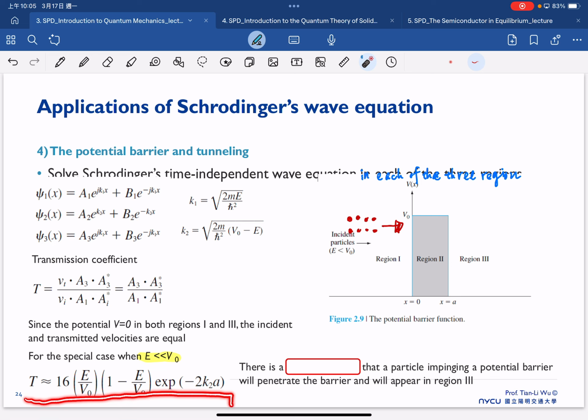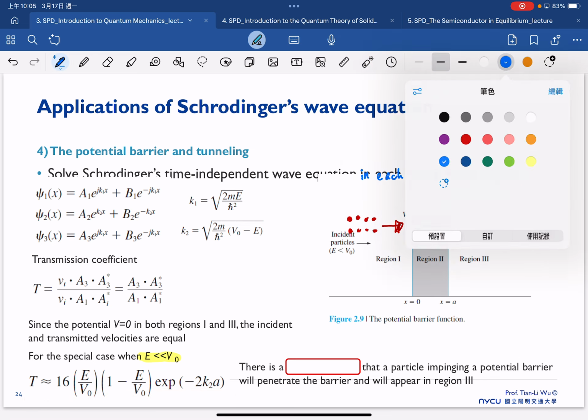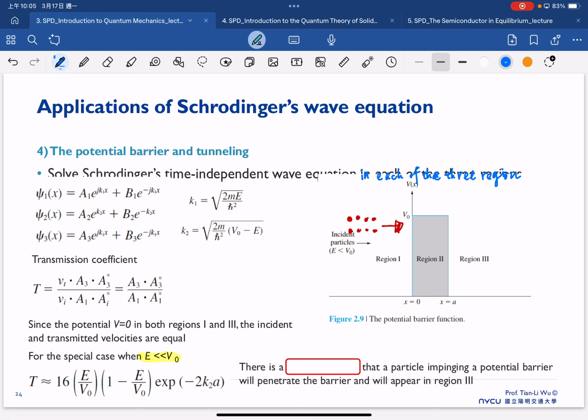That means that there is a finite probability that the particle impinging on a potential barrier will penetrate the barrier and also appear in region 3. So that's the conclusion.